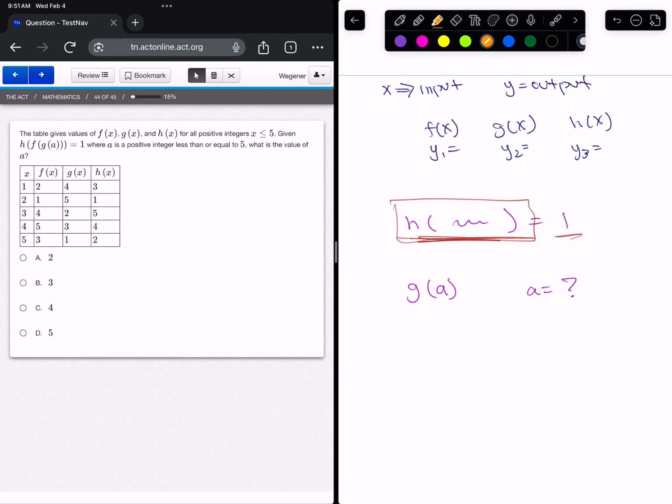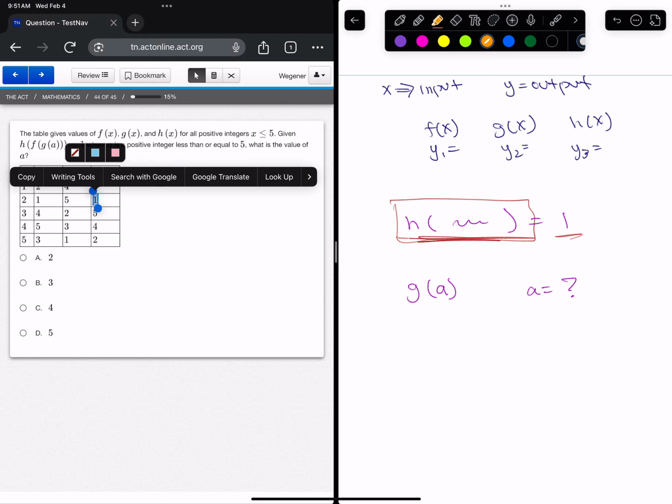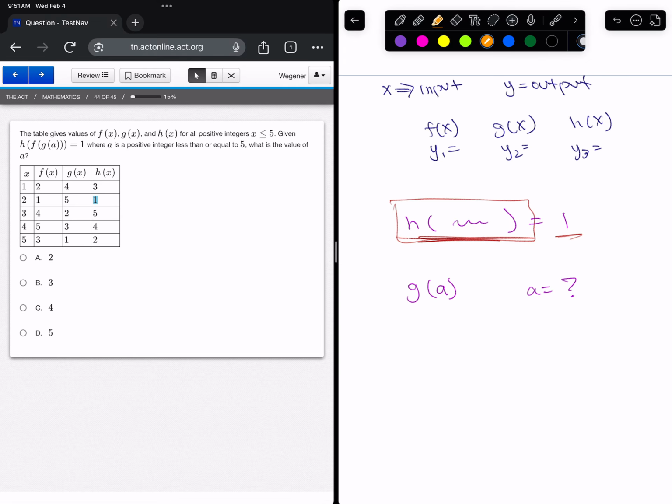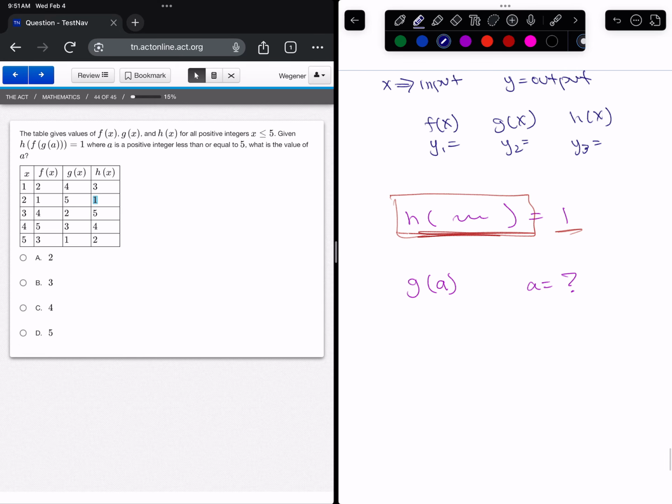So let's look at h of x first. What makes h of x equal to 1? It's this one. h of x equals 1 occurs when x equals 2.